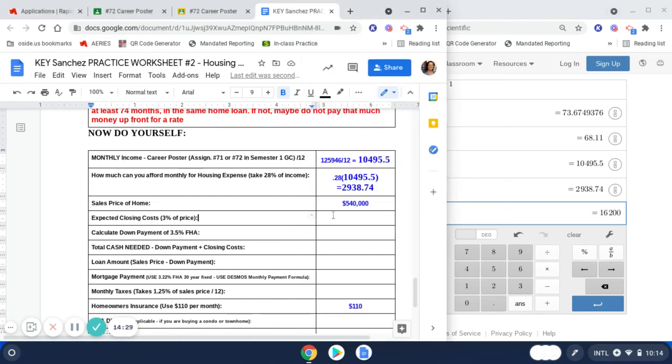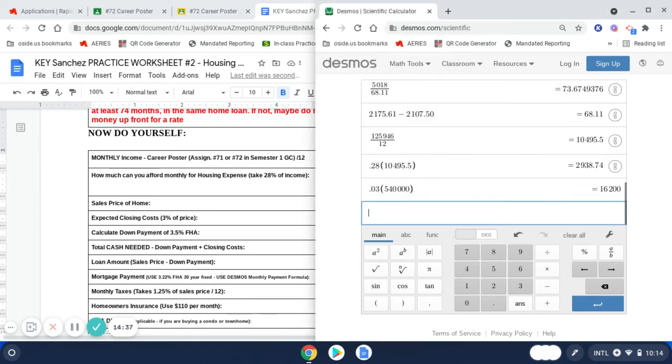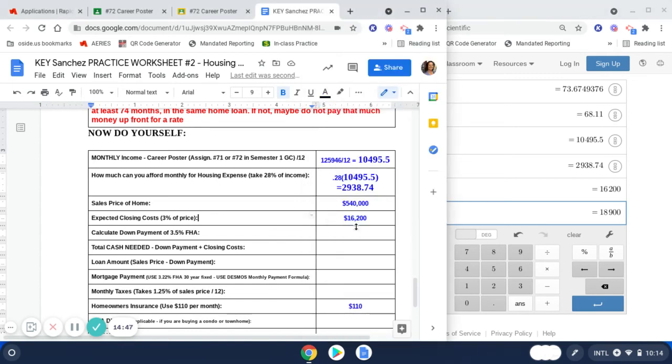So here we go, 0.03 of 540 is 16,200. Down payment, 0.035, $18,900.